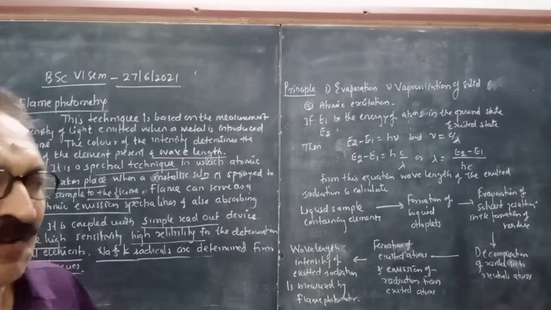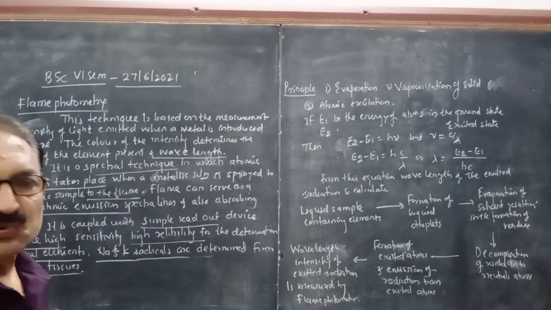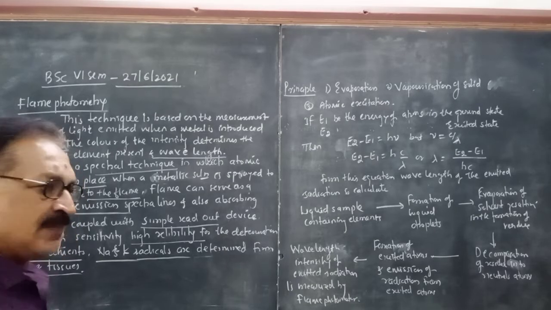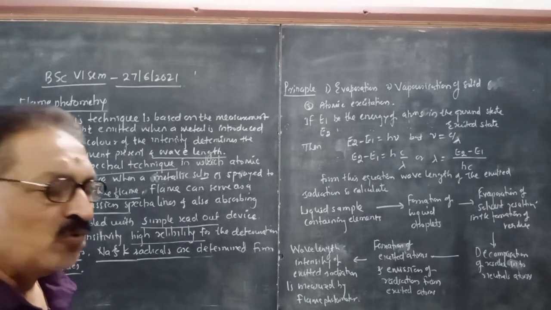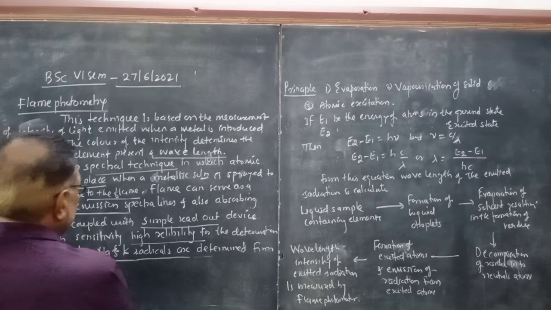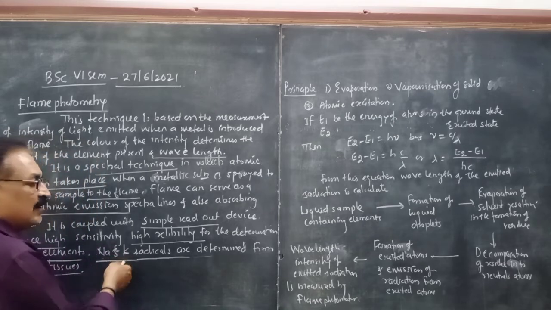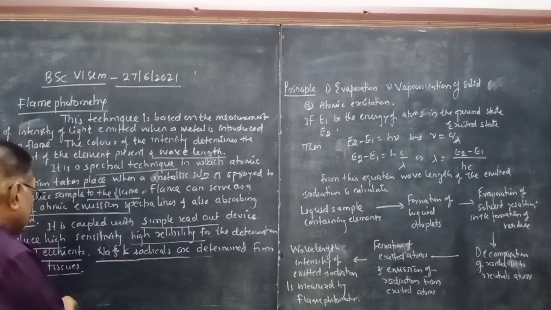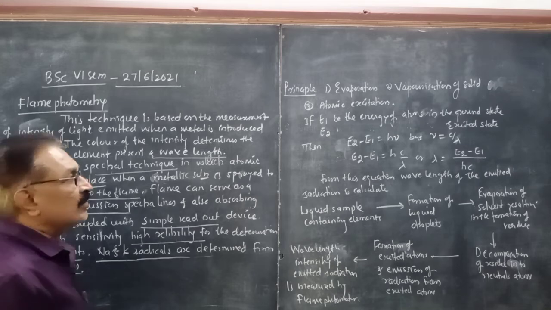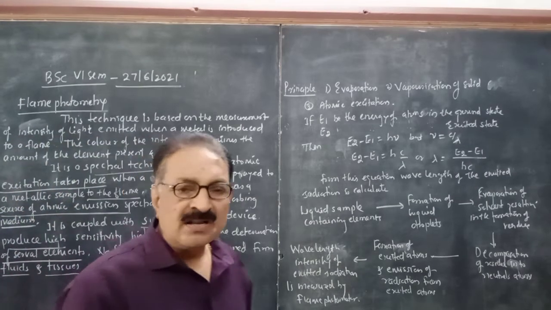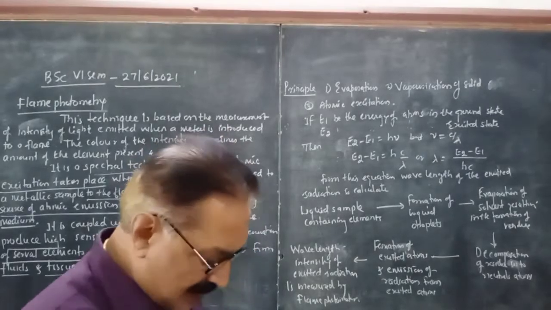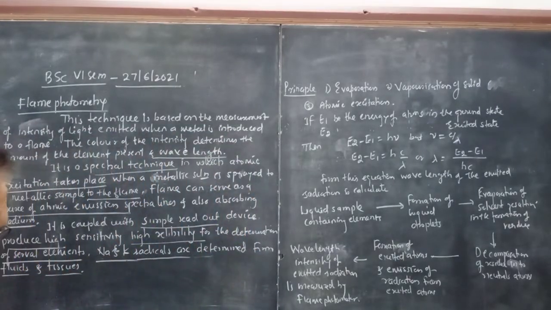We know different types of fluids. You can take body fluids, tissues, and from those we can determine the sodium percentage, potassium percentage, or any element that is required. Then what is the principle behind the flame photometric technique?